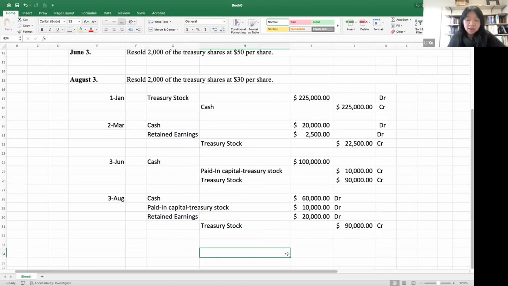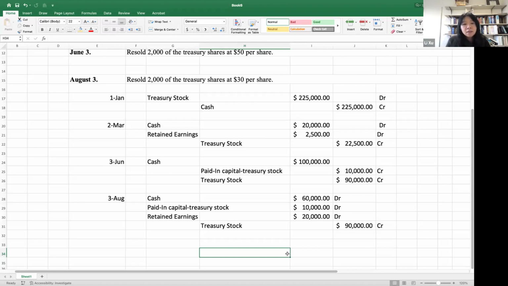Let's summarize what we studied so far. Treasury stock uses a book value approach. Therefore, at the time you purchase, you debit treasury stock using the price you pay. When you sell treasury stocks, you remove the treasury stocks also based on the price you paid.